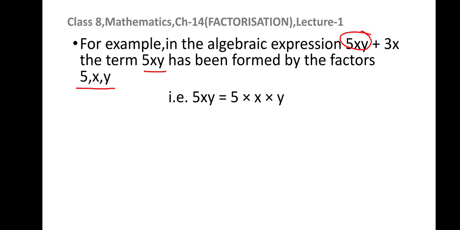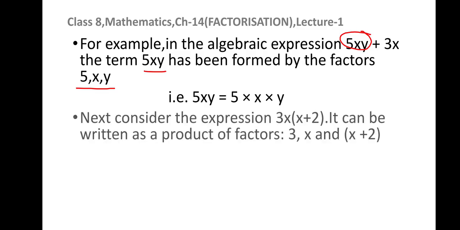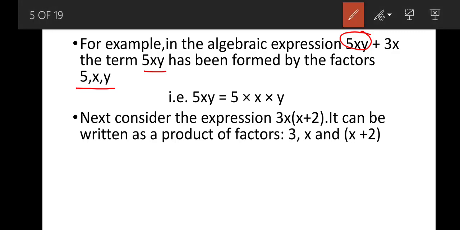That is, 5xy can be written as 5 into x into y. I think this point is clear to you. Likewise, if I take more examples, and talk about the term 3x, it has been formed by the factors 3 into x.